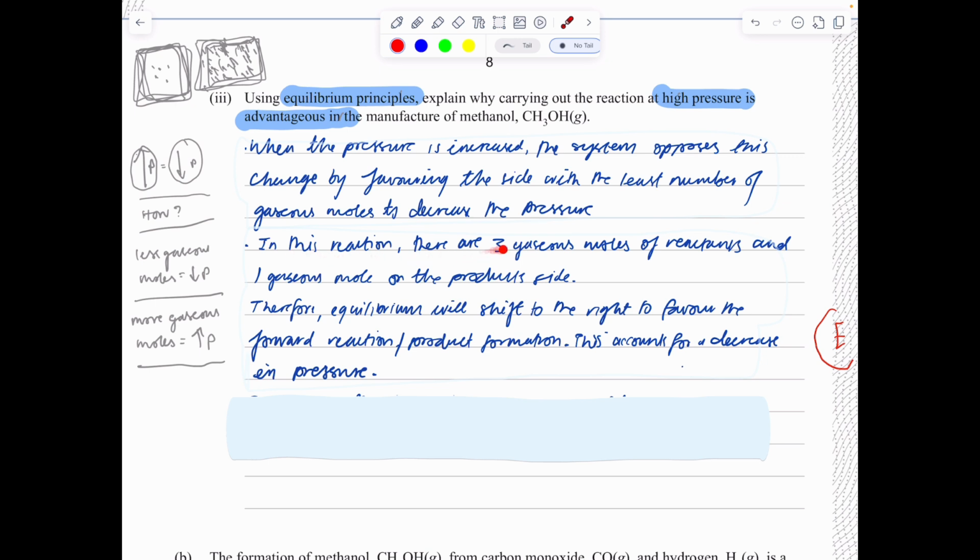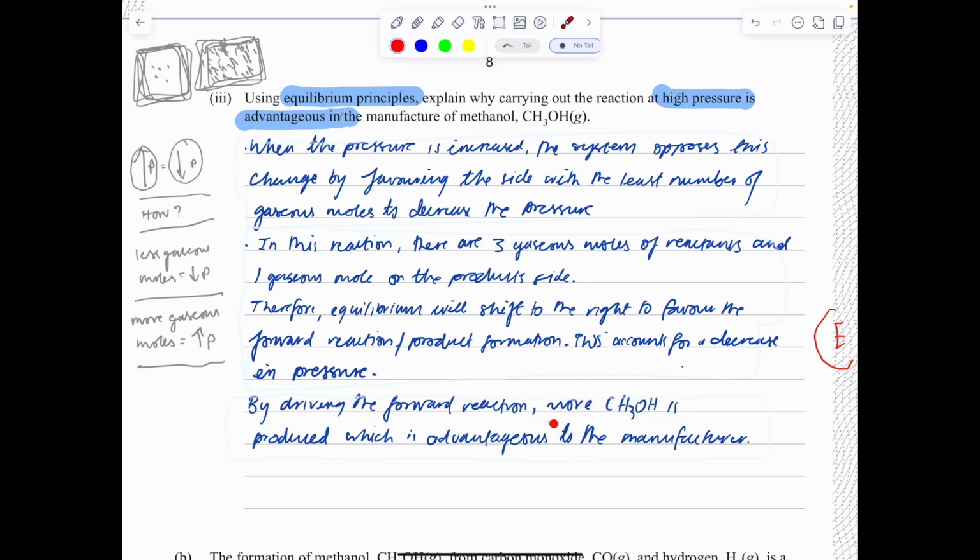In this reaction, there are 3 gaseous moles of reactants and 1 gaseous mole on the product side. Therefore, equilibrium will shift to the right to favour the forward reaction. I'm being specific with direction, or product formation. This accounts for a decrease in pressure. Why? Because it has less moles, which means less pressure. And feel free to add that to extend your explanation. I would.